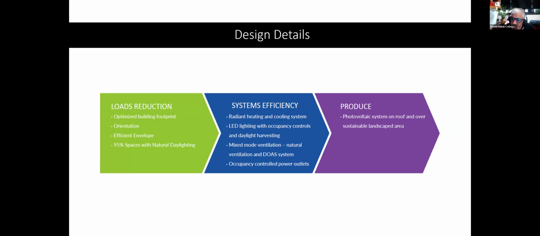Photovoltaic system on the roof and over sustainable landscape areas. As I said, it's a solar-ready building. Around that, we also have enough vegetation, trees and planting to absorb heat and generate a fresh environment.